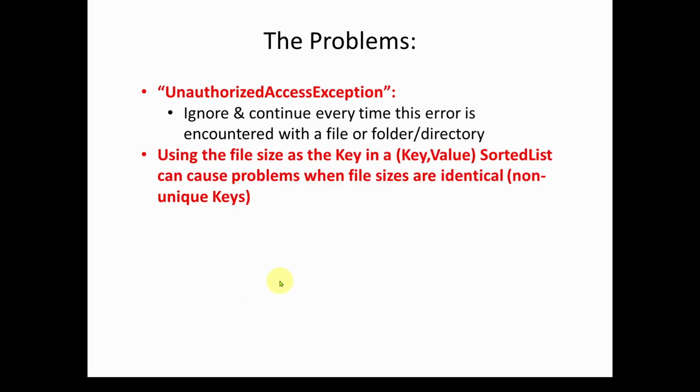So now previously I mentioned there are some problems that you probably never thought of, but you'll probably encounter when you run this. After a bunch of trial and error, it may suddenly pop up. One of those is you will likely at some point get an unauthorized access exception. If you do this code on files or folders that don't have the right access, you could get this error.